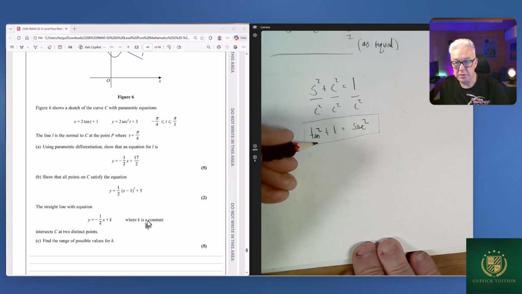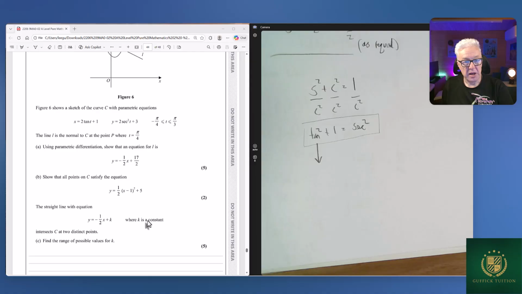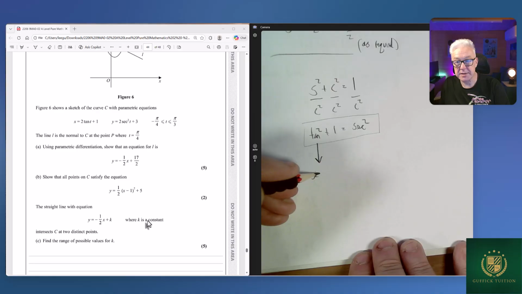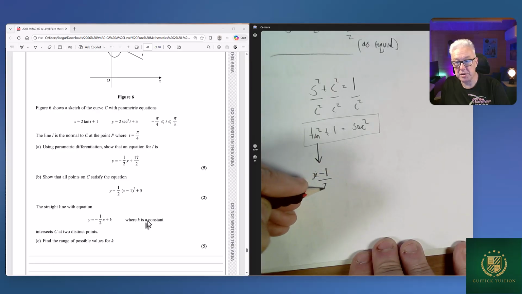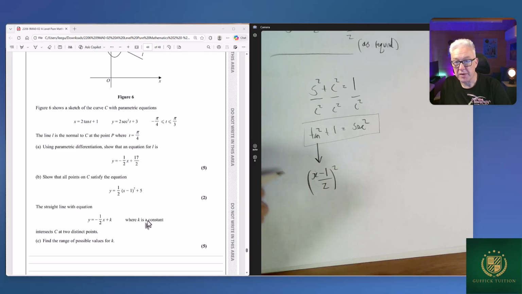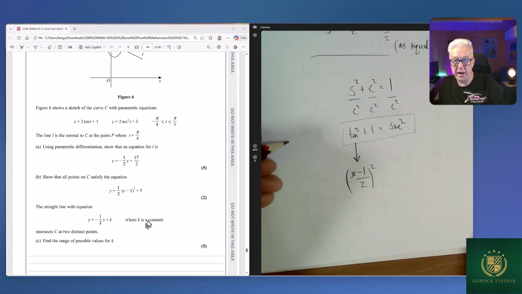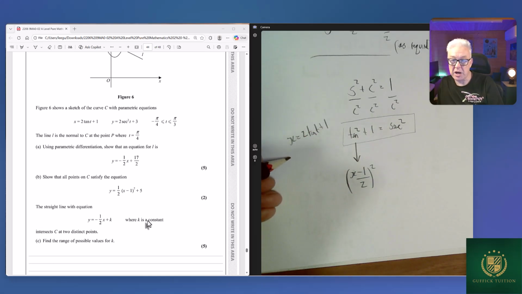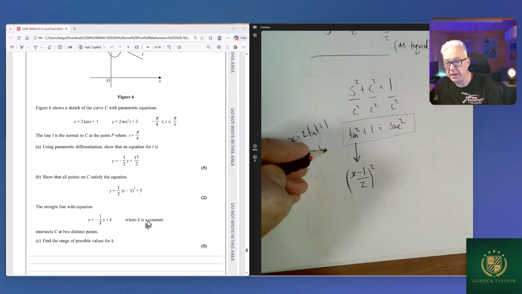Okay, so using the x parametric, if I take 1 off both sides, divide by 2 and square it, in other words, if I write (x minus 1) divided by 2 all squared, then that is my x parametric rearranged. So what I've done there is I've taken x is equal to 2 tan t add 1, subtracted 1 off both sides, divided by 2, and that's given me tan t.